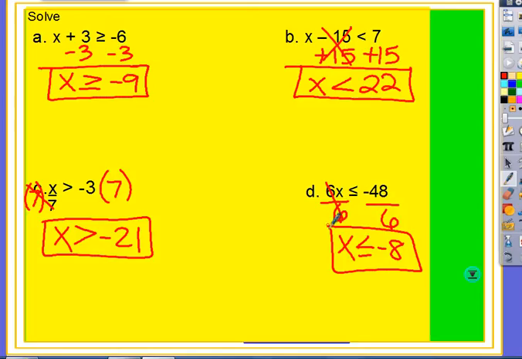Notice the steps are the same as they would be for a one-step equation. You did not have to worry about flipping the inequality symbol because there were no negatives to divide or multiply by.